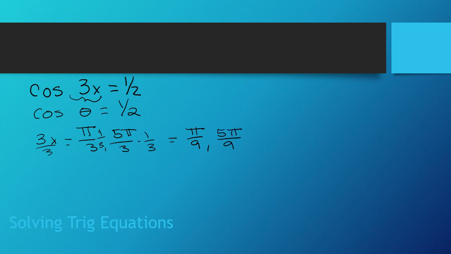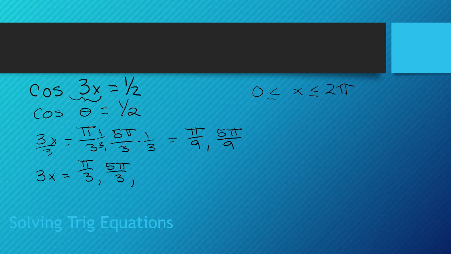The problem is that we aren't done here. Okay, so remember that we go from 0 to 2 pi, right? It must be less than or equal to 2 pi and greater than or equal to 0. So we have to find out if more solutions exist. So what we're really going to do is go back to this 3x step, right? And we had pi over 3, and we had 5 pi over 3, but we need to find the additional coterminal angles.